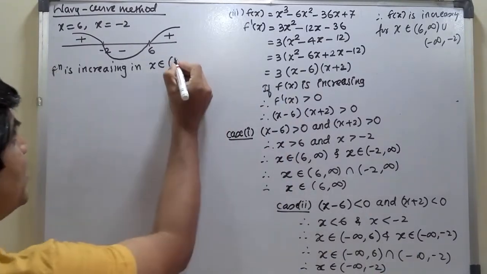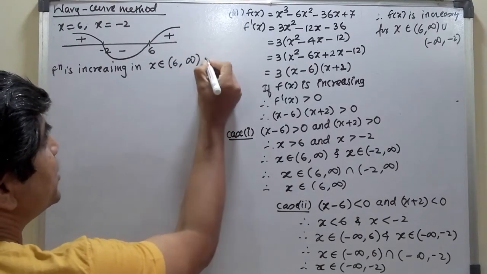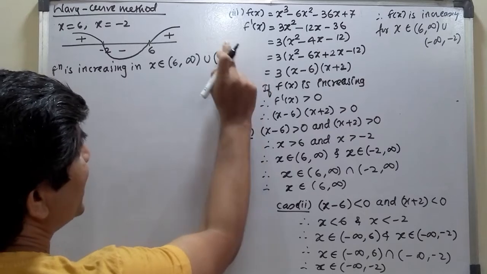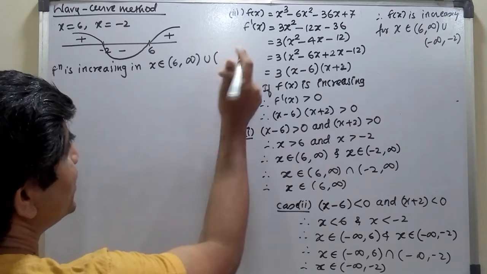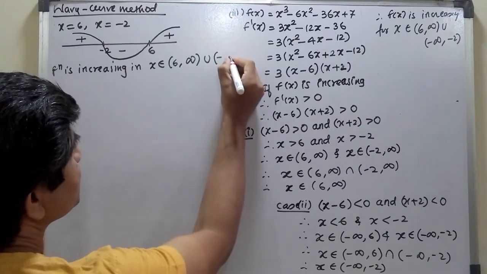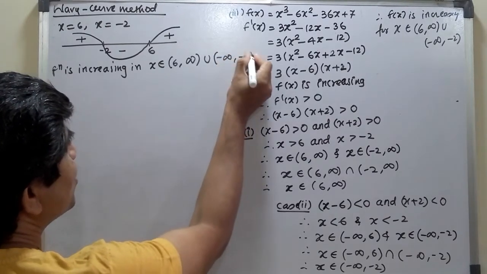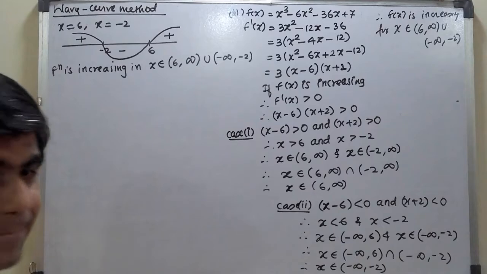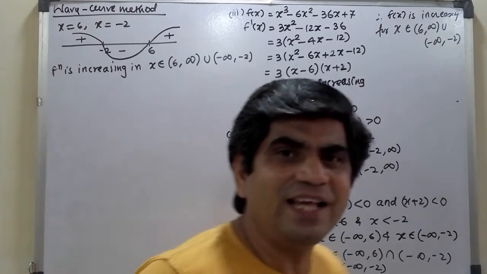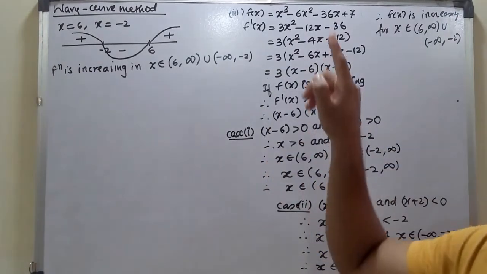So 6 not included to infinity union, here minus 2 not included to minus infinity. Okay. So here it is minus infinity to minus 2.